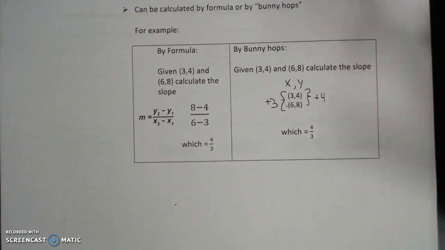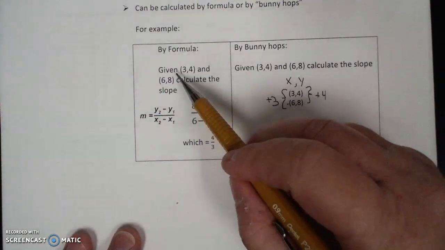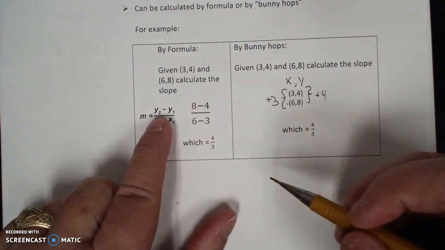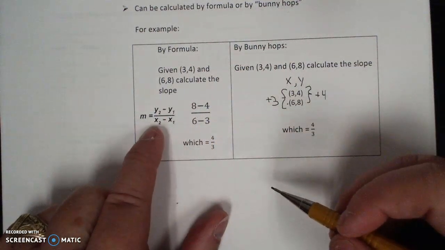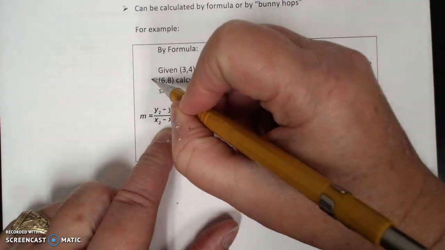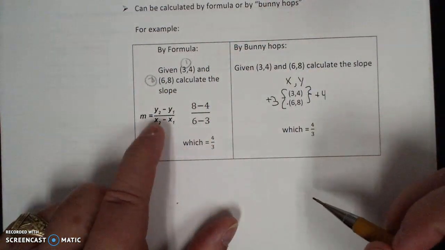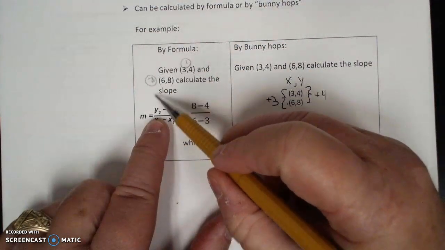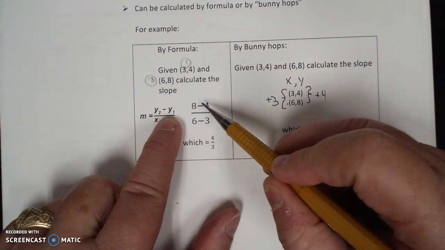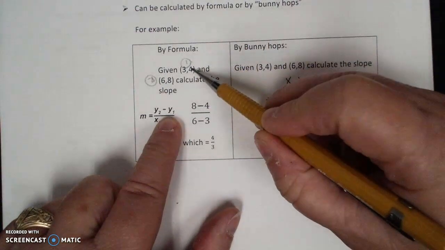So I'm going to give you two examples. You end up with the same answer. So if given 3, 4, and 6, 8, calculate the slope. When you have the formula y2 minus y1 over x2 minus x1, you're going to name this point your second point and this point your first point. And this says go to your second set and pick up the y, minus go to your first set and pick up the y value, the 4.